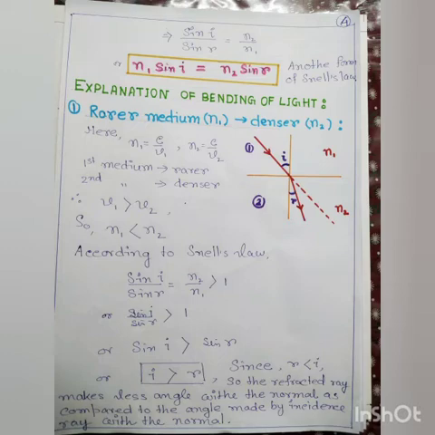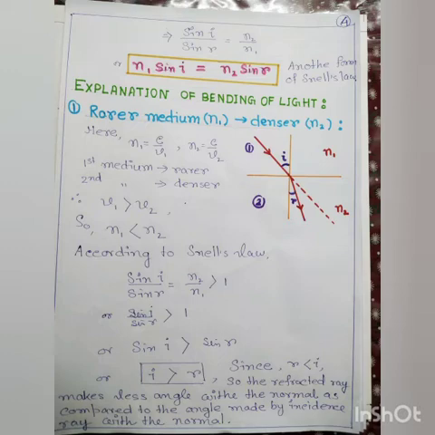Now let us discuss the explanation of bending of light. Means now we will discuss why light bends towards the normal or away from the normal while it enters from one medium to another medium. Now first consider light entering from a rarer medium to a denser medium.